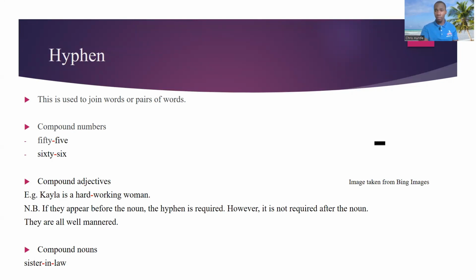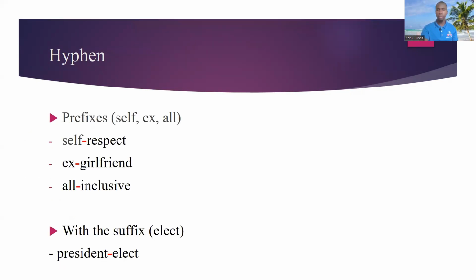Now, a hyphen is often confused with another punctuation mark, and that other punctuation mark is called a dash. Oh, I was jumping ahead. So these are just some more examples of the hyphen. It is used with prefixes like self, ex, and all.